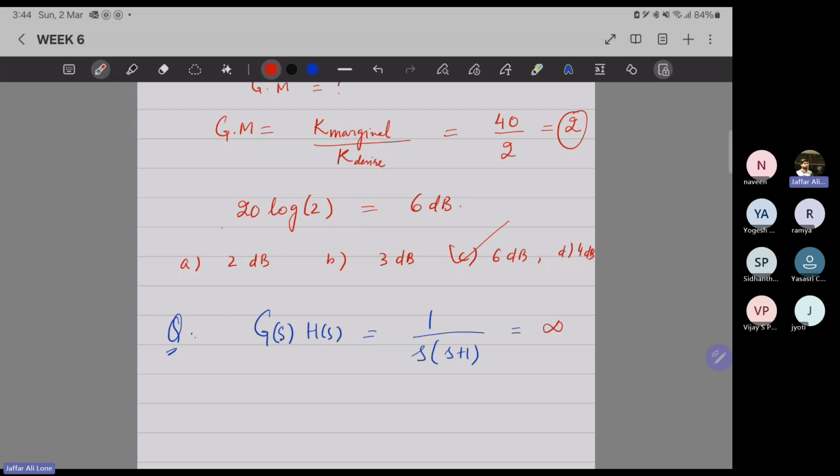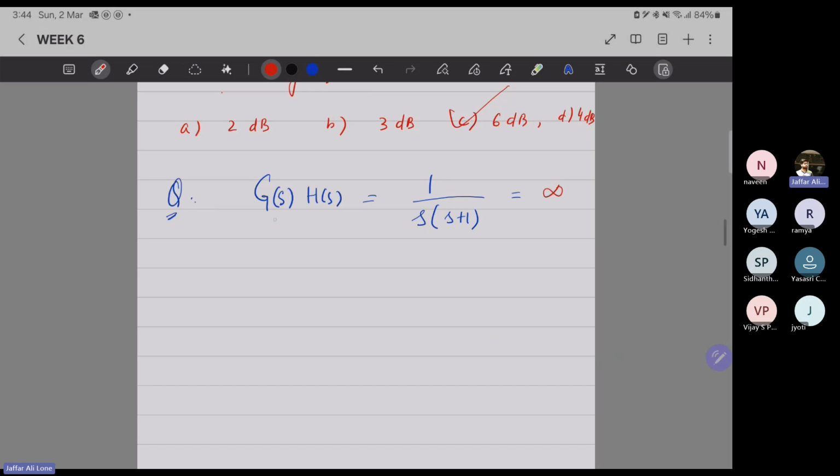Let's see whether we are getting infinity or not. So you are given G of S H of S. First of all, what you will do, you will convert into j, put S as j omega. G j omega H j omega will be 1 over j omega into 1 plus j omega. Now I need to find gain margin.